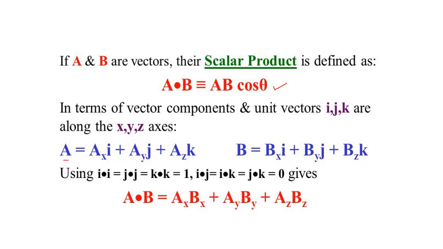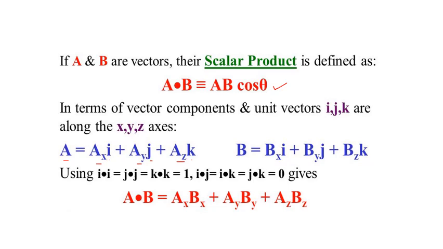So vector A, we are going to divide into AX, the component along the x-axis, AY, the component along the y-axis, and AZ, the component along the z-axis. And this I, J and K are nothing but your unit vectors. So we are going to separate all the components from a particular vector.